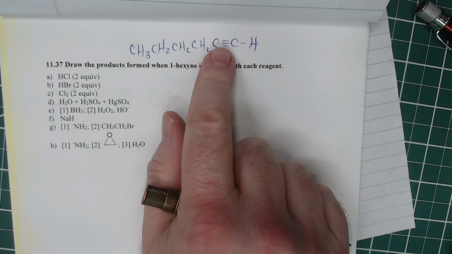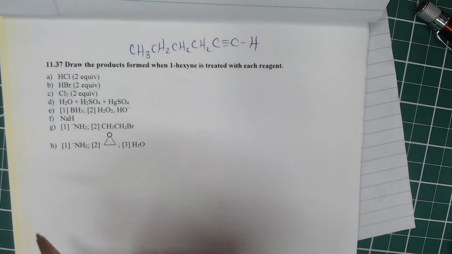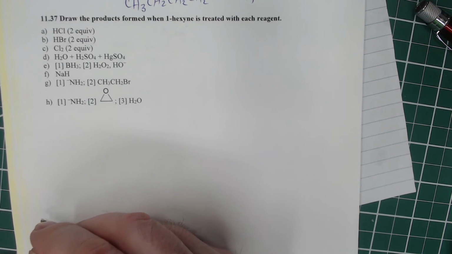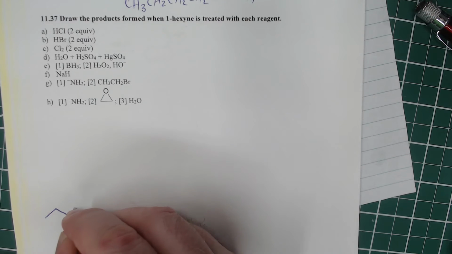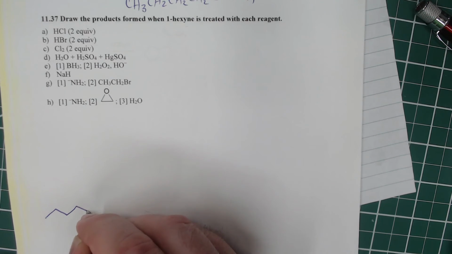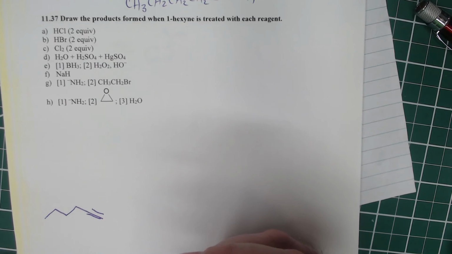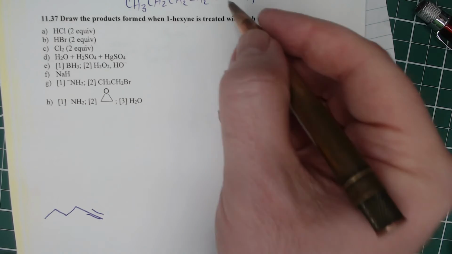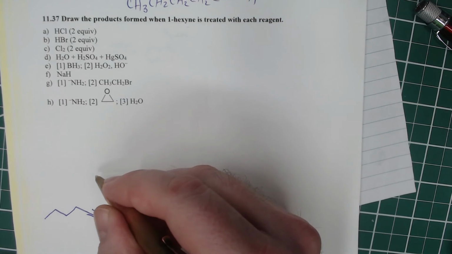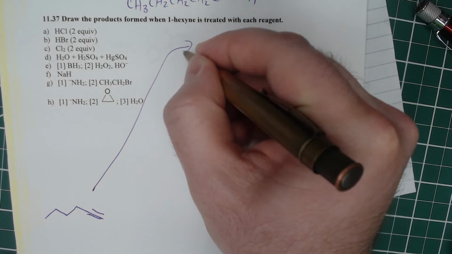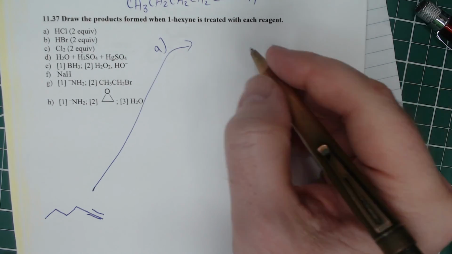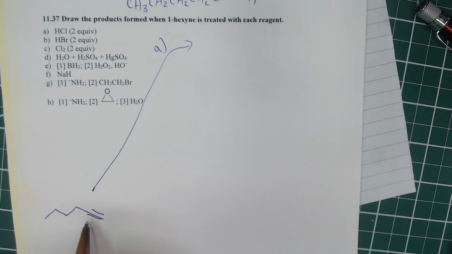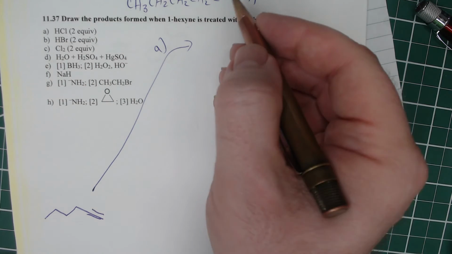So now we are going to look at what this does, and I'm going to draw it as a skeletal type structure, just for giggles here. 1, 2, 3, 4, 5, 6, and then we'll put the triple bond like that. And that's not beautiful, but it's a triple bond. All right, so when we do these different reactions, we'll start with A. A is 2 equivalents of HCl, and we're going to do Markovnikov addition 2 times across the carbon-carbon triple bond.